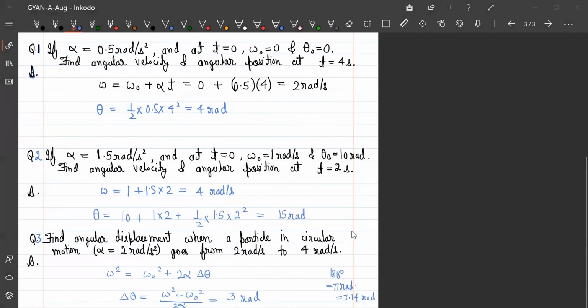यहाँ पे these questions are very similar to the kinematics वाला part. अच्छा, let us say अगर alpha constant नहीं होता है, then what happens?